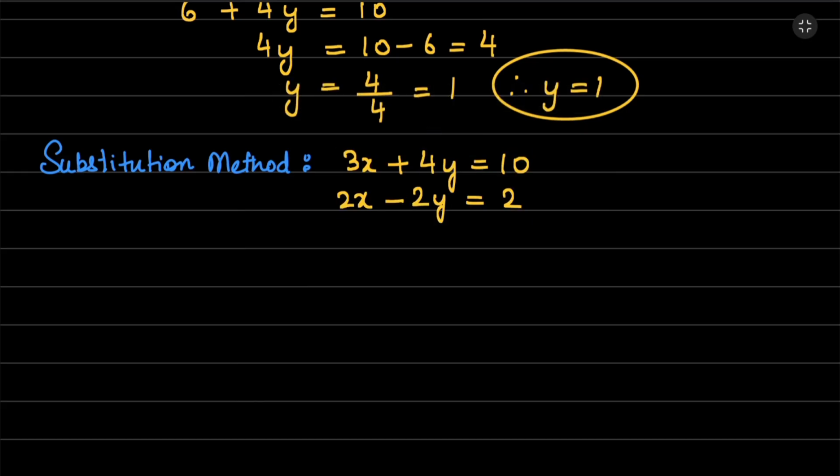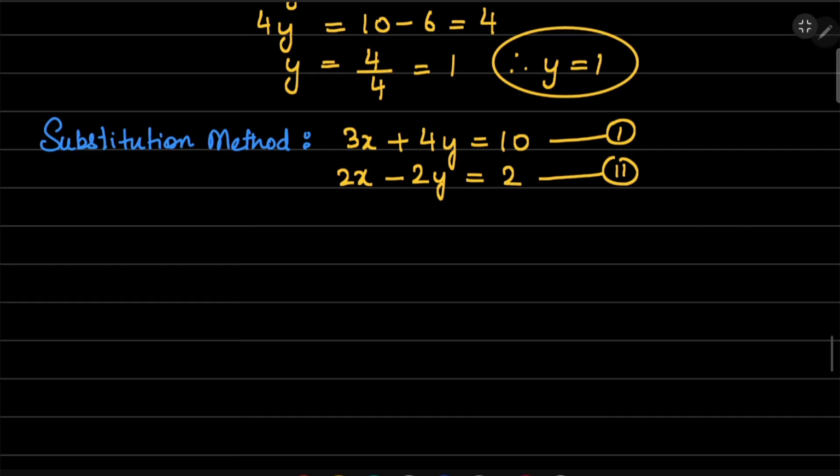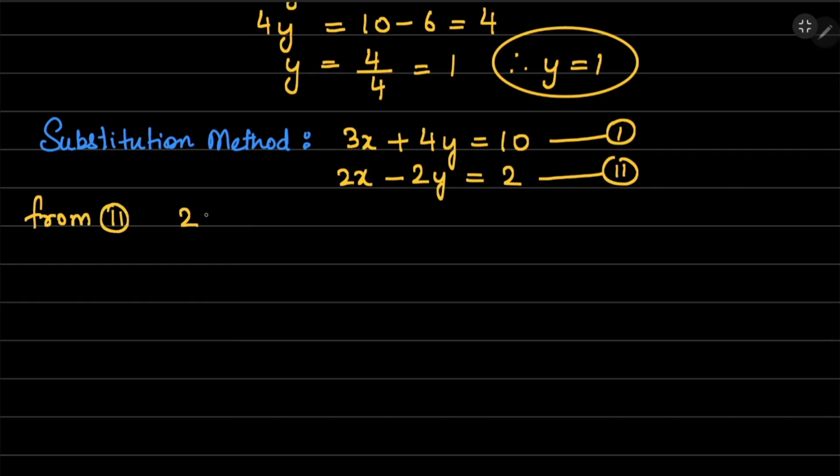Now, which equation looks simpler? This is your equation 1 and this is your equation 2. So from 2, I can take 2 common out. So you will have x minus y is equal to 2, you take common.